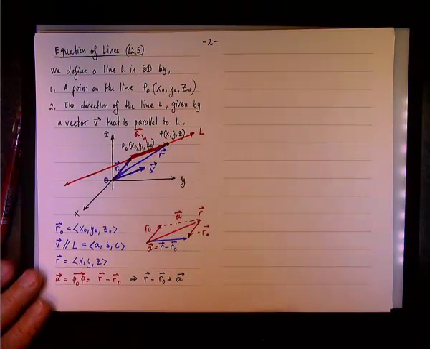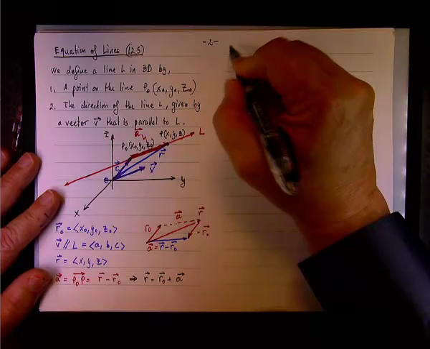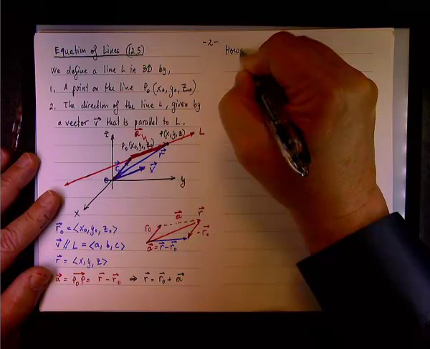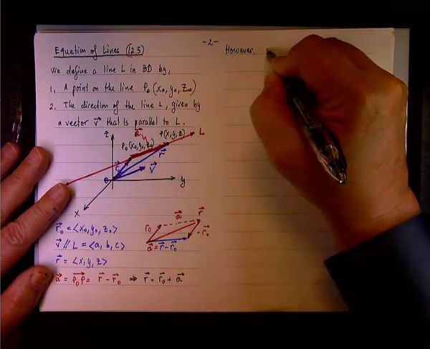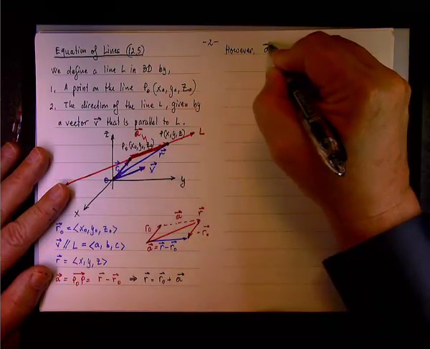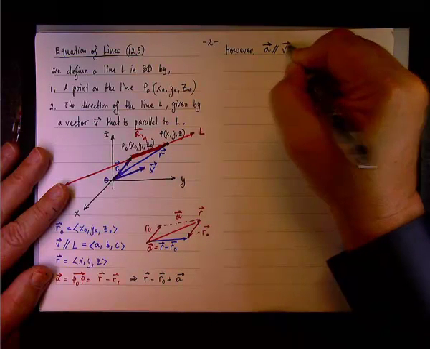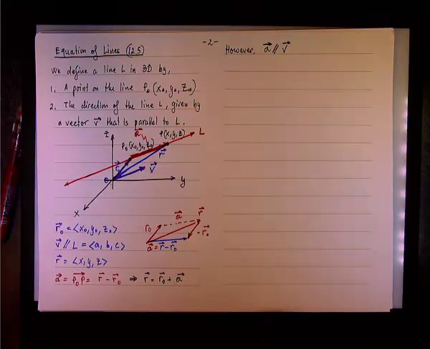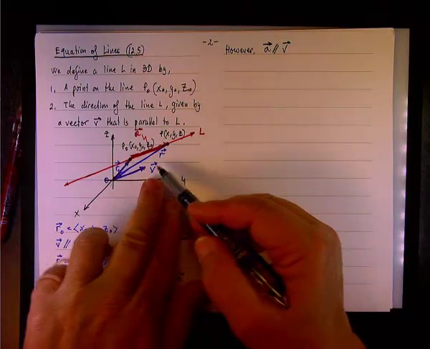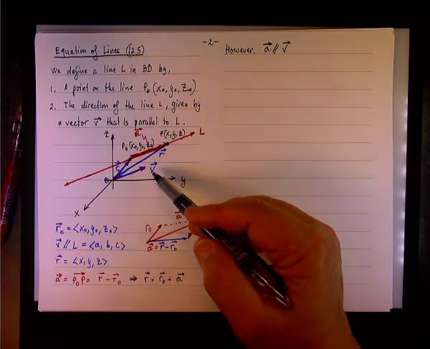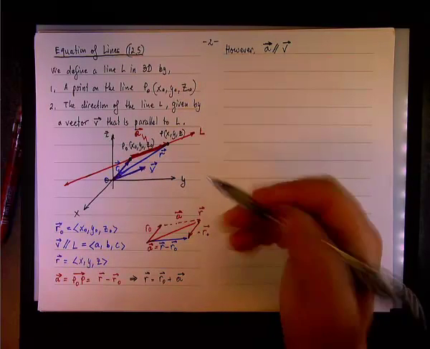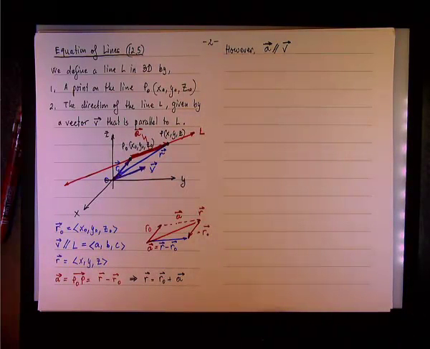All right. Now going back to the vector v. Remember, v is parallel to the line L. However, A is parallel to V, right? But let's assume that V is a unit vector, but A is not necessarily a unit vector.